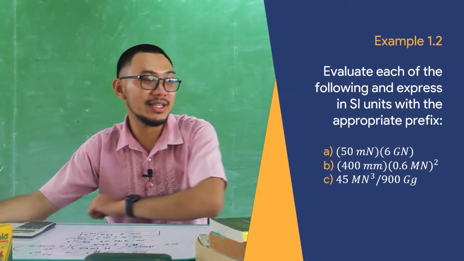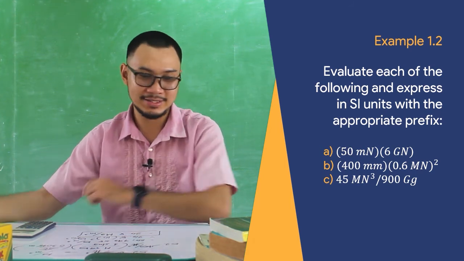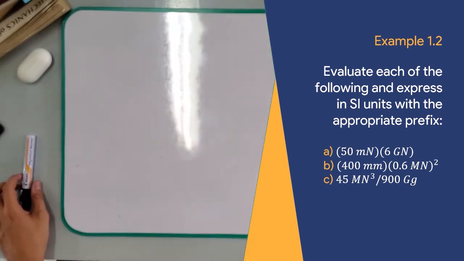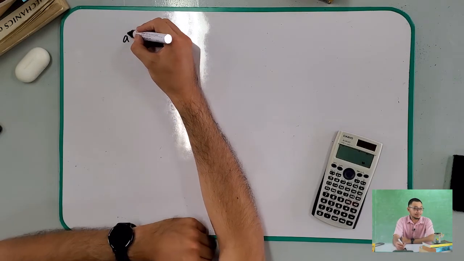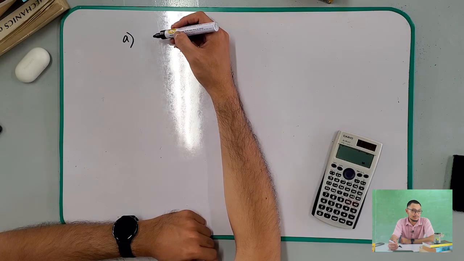Number 2 is to evaluate each of the following and express in SI unit with the appropriate prefix. So, letter A is 50 millinewtons times 6 giganewtons.